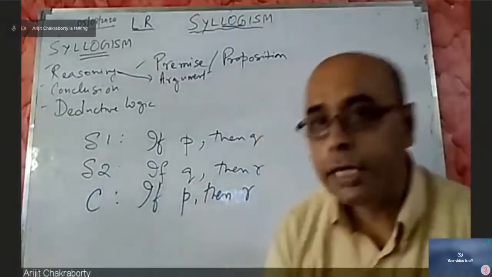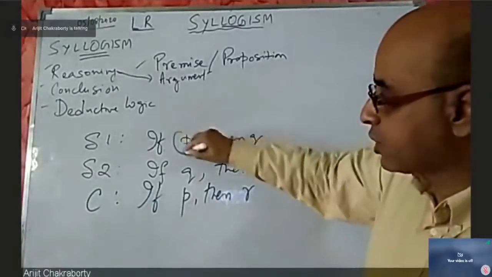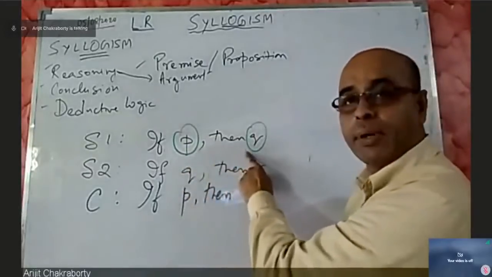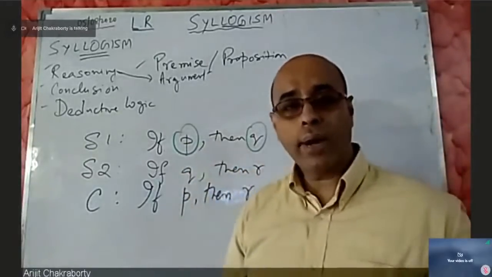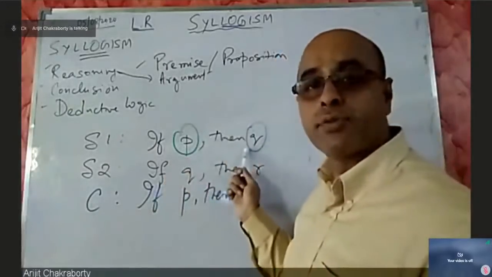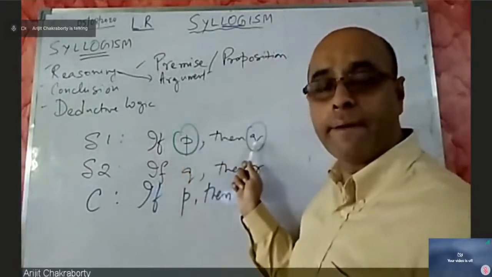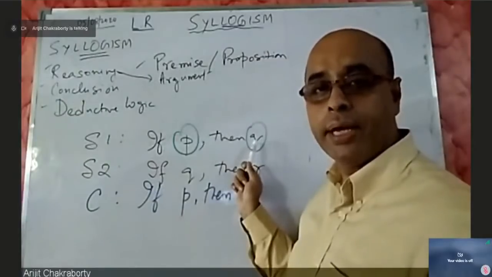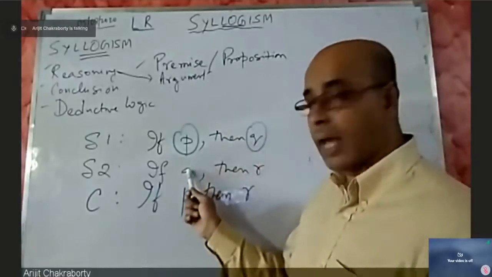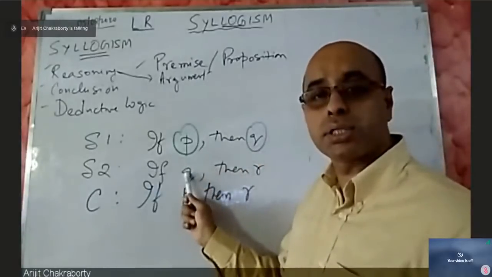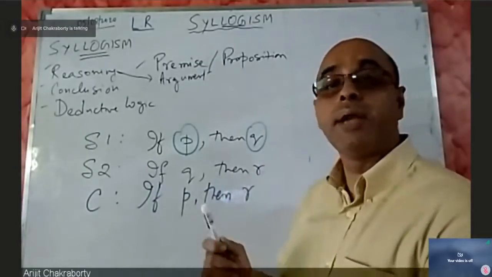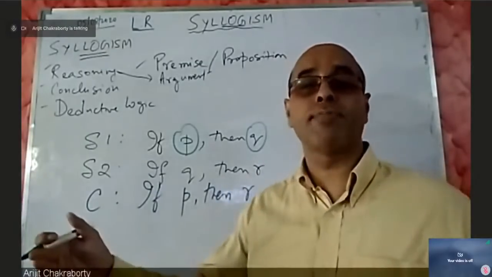That means, in the first case, the relation is P and Q. If P happens, then Q will happen. If corona spreads faster, more lives will be lost. So if and then. If more lives are lost, say Q means more lives will be lost, then R is the lockdown will be extended.